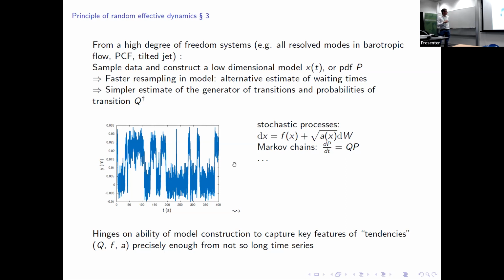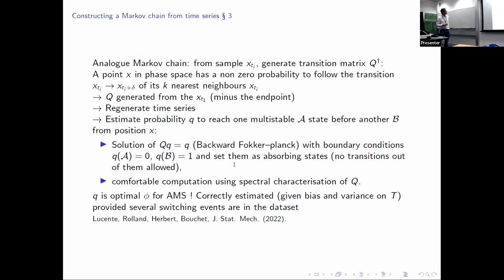So one first thing that can be done is the identification of Markov chains from the data. One way to do this is to transport what are called the analog methods used to make forecasts, to construct these Markov chains, basically from some time series labeled by their instance.